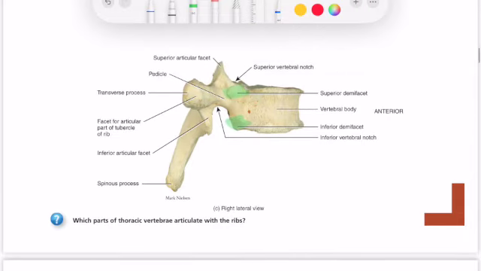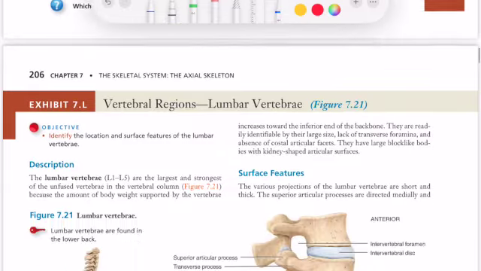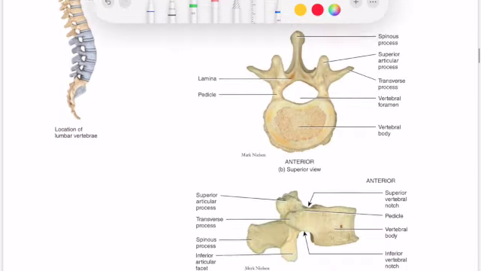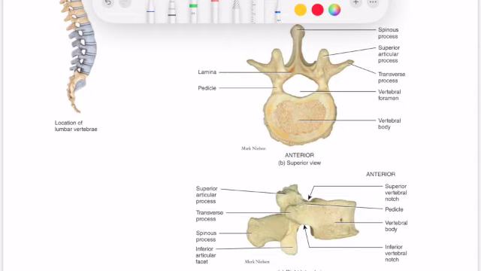And then moving on to the lumbar region. Okay, so in the lumbar region, we notice that these vertebrae are going to be getting much larger. The body is ginormous in comparison to the thoracic and cervical region.